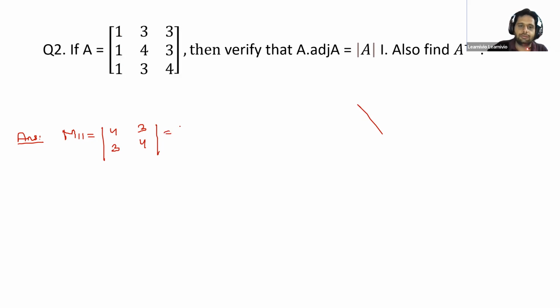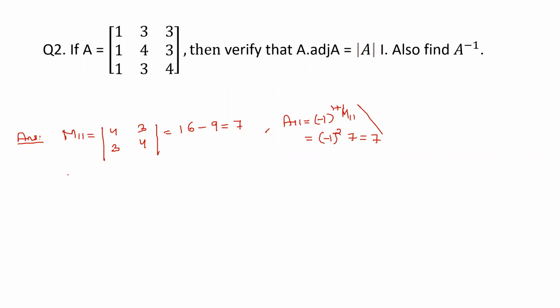This is equal to 16 minus 9, which is equal to 7. But this is a minor. We need the cofactor. So cofactor is what? -1 to the power 1 plus 1 into M11. So -1 square, M11 is 7. So again, 7. Is this clear, sir? Yes, sir.